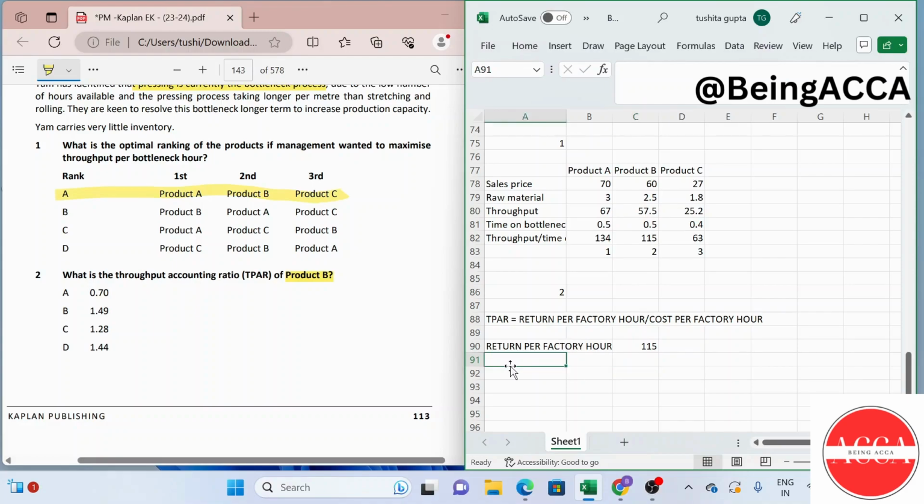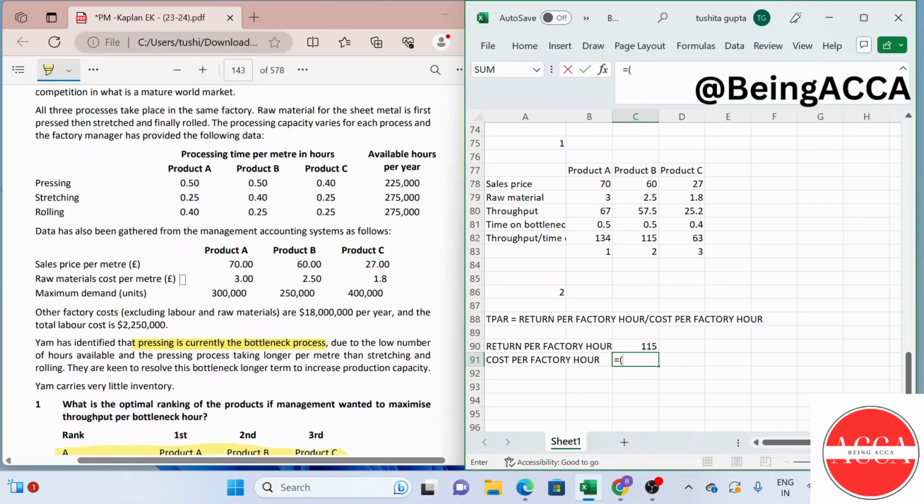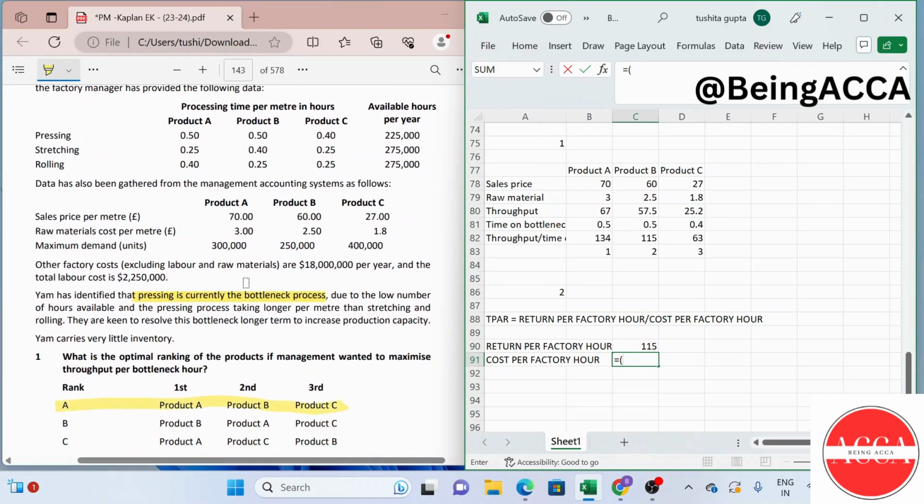Now let me find out the cost per factory hour, which is going to be our denominator. These are the additional costs excluding raw material and labor. So this is 18 million plus this cost, which is labor 2,250,000. This is my total cost, right?